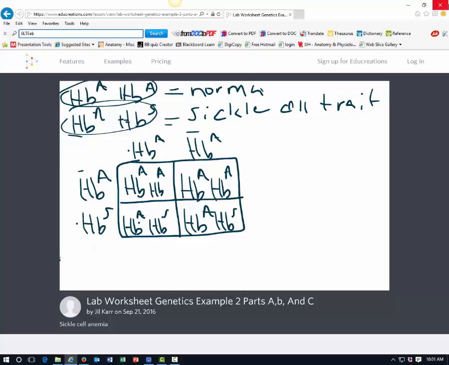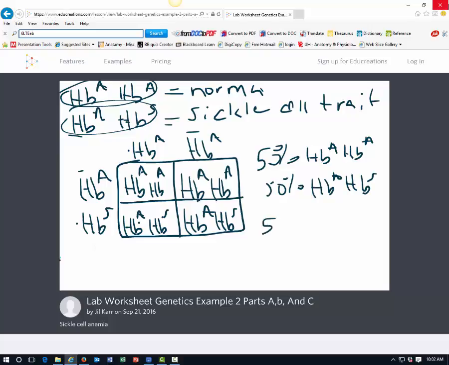So the genotypes here, I'm going to have 50% HbA, HbA, 50% are going to be HbA, HbS. So my phenotypes then, 50% healthy, and 50% are going to have the sickle cell trait.